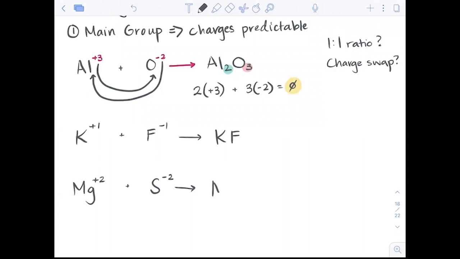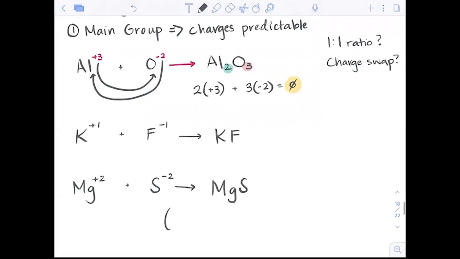Again, a 1-to-1 ratio. MgS. If you thought, let's do the charge swap, Mg2S2, remember, a formula unit is the smallest whole number ratio. So you can do that, but then just drop it down to its smallest whole number ratio. 2 to 2 becomes 1 to 1.